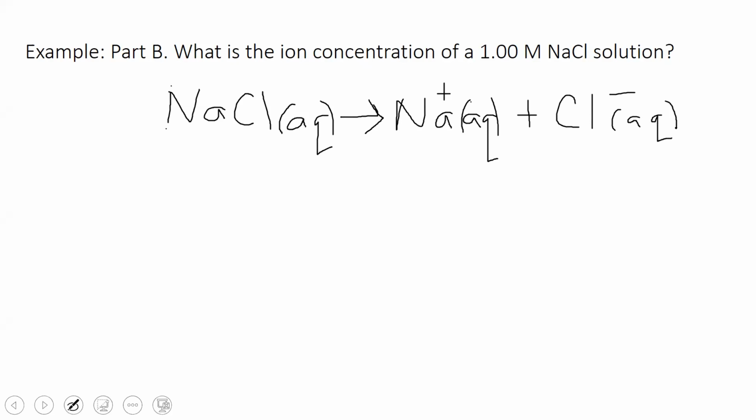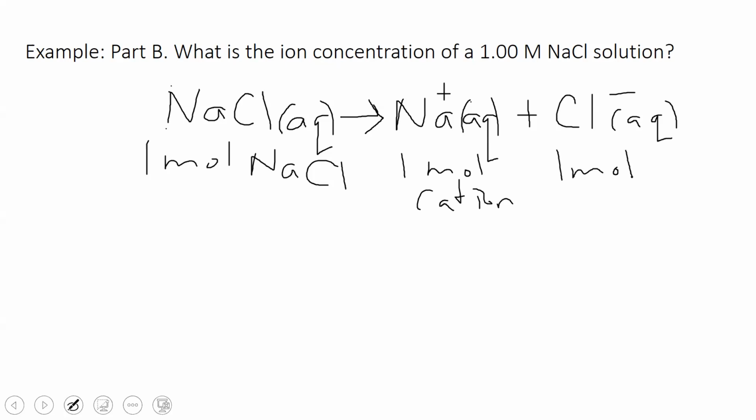So what we know out of this is that for every 1 mole of sodium chloride, we get 1 mole of cations and 1 mole of anions, or 2 moles of ions.